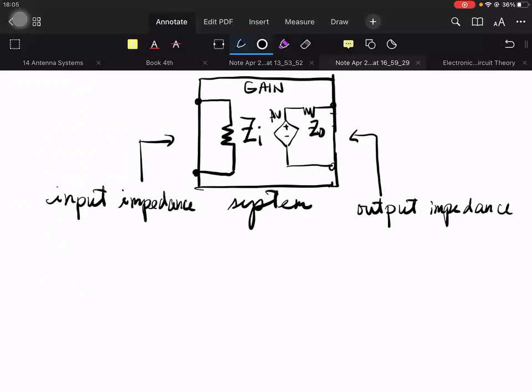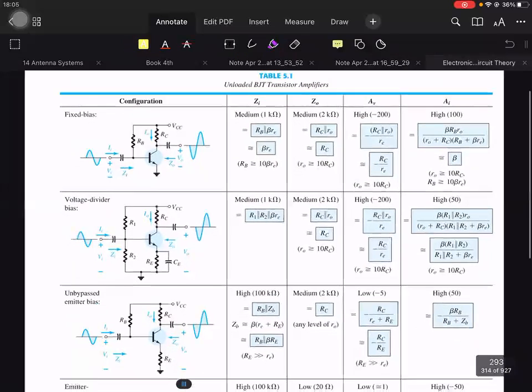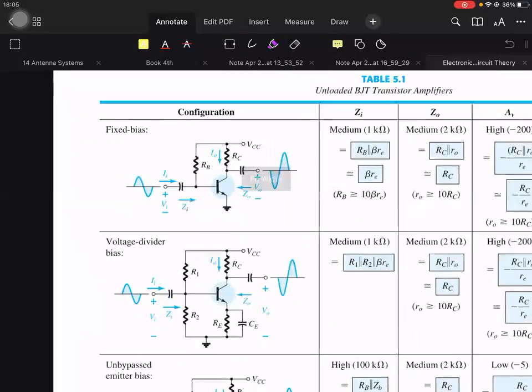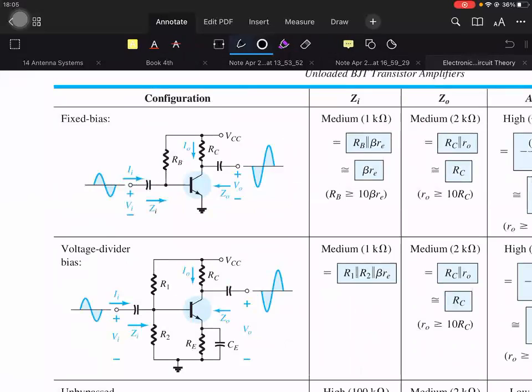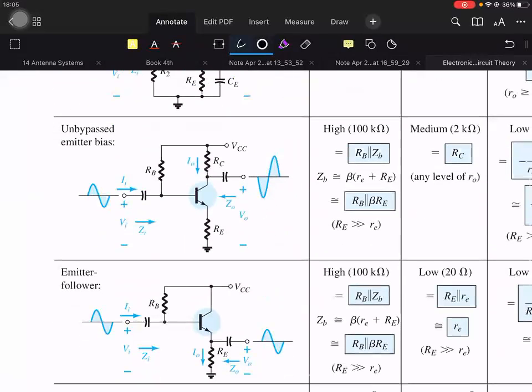So I have here another table of formulas, this one. This is a table of formulas for any amplifier configuration, whether it be fixed bias or voltage divider bias or an unbypassed emitter bias. When we say unbypassed, notice previously that sometimes you connect a capacitor here at RE.